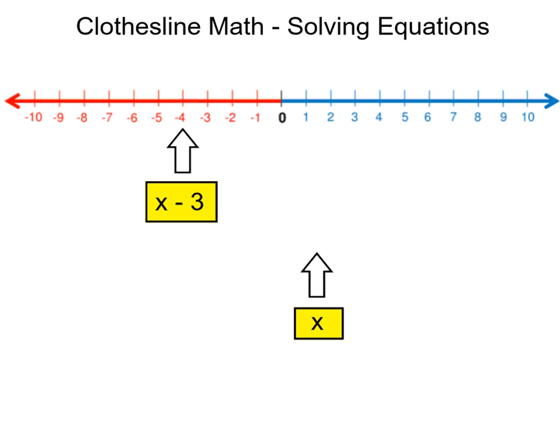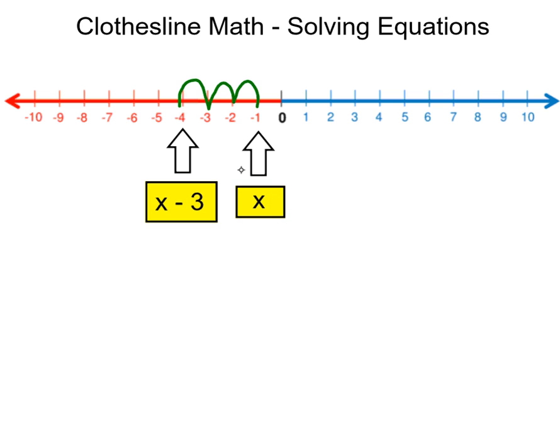If I knew what x was and I took 3 away from that, that has to be smaller than x. So x would have to be bigger than x minus 3. How am I going to figure out where x is? I'm just going to add 1, 2, 3, and I'm going to be at -1.